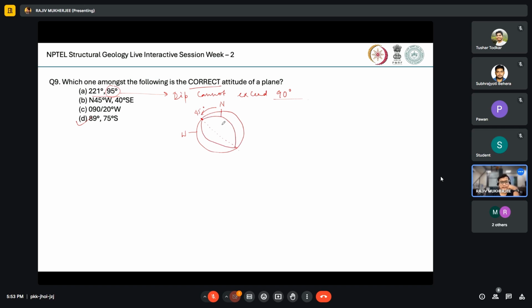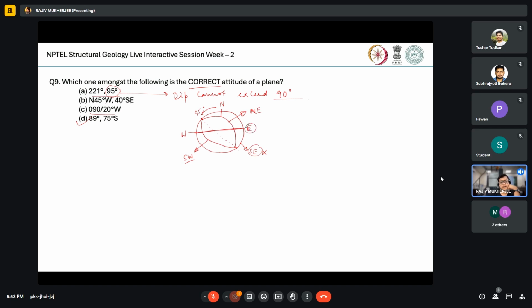So the plane will either dip along northeast or it will dip along southwest, but it cannot dip along southeast. It is not possible. Now again, 090 degree west. So 090 represents the east-west line.